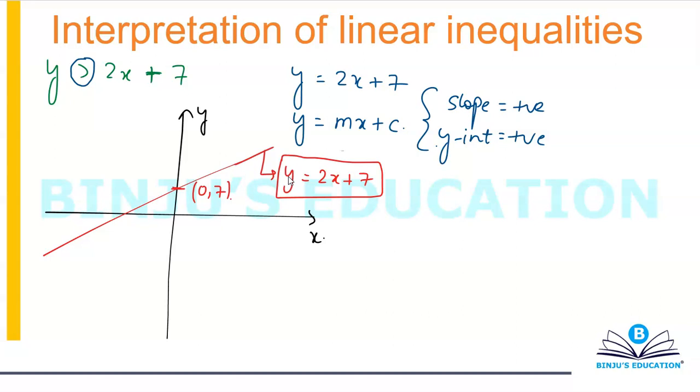So when you say y greater than, then you will take the region that lies above the line. So this is the region of consideration, that is the region that lies above the line.